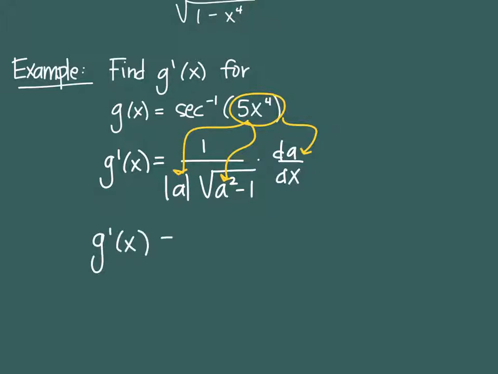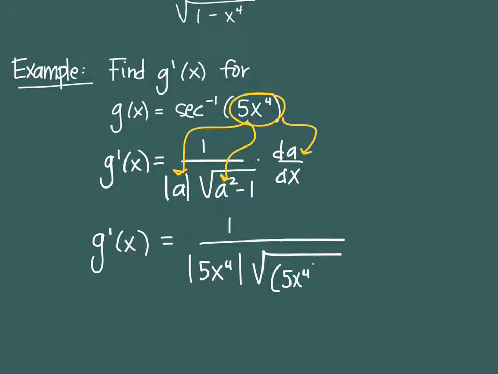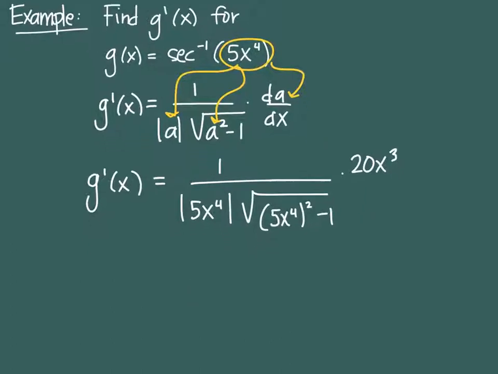So the derivative of g is going to be 1 over the absolute value of 5x to the 4th, the square root of quantity 5x to the 4th quantity squared minus 1, and the chain rule on 5x to the 4th, which is what? 20x to the 3rd. All right, so let's clean this up and see what we have.